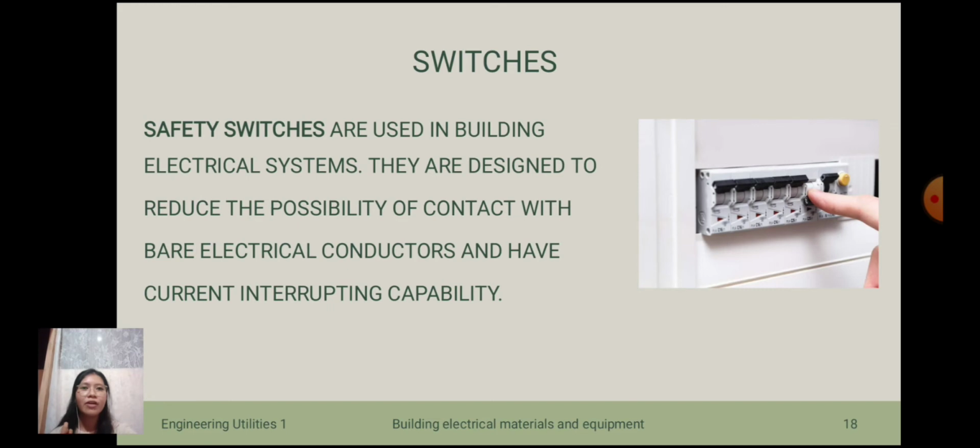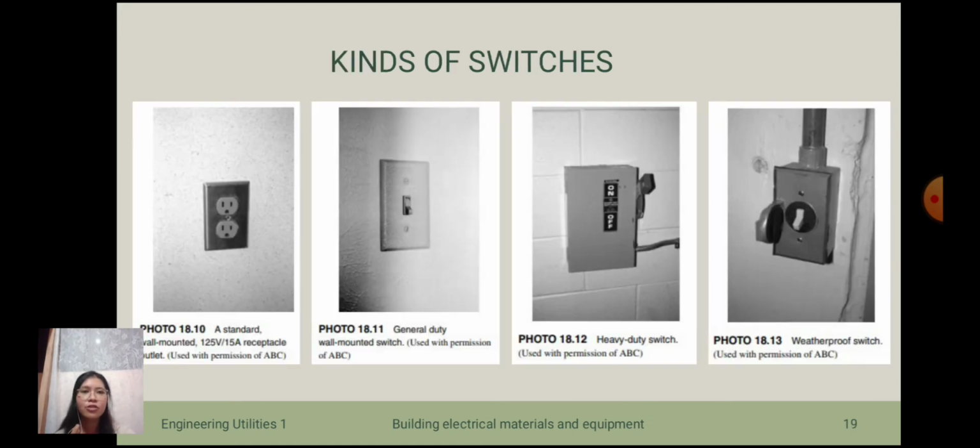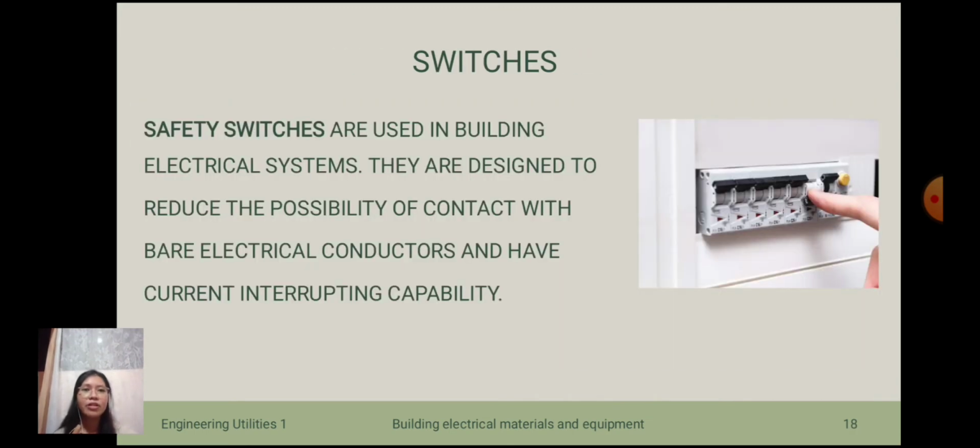And then we have the safety switches, which are used in building electrical systems. They are designed to reduce the possibility of contact with bare electrical conductors and have current interrupting capability. So ito naman yung switches na nagdi-disconnect siya for service entrance and fault protection for heavy machinery.